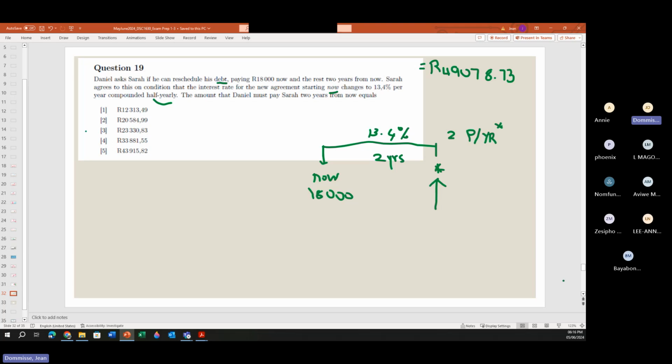So let's quickly look again: Daniel can reschedule his debt, paying 18,000 now and the rest 2 years from now. Sarah agrees on this condition that the interest rate from the new arrangement starting now changes to 13.